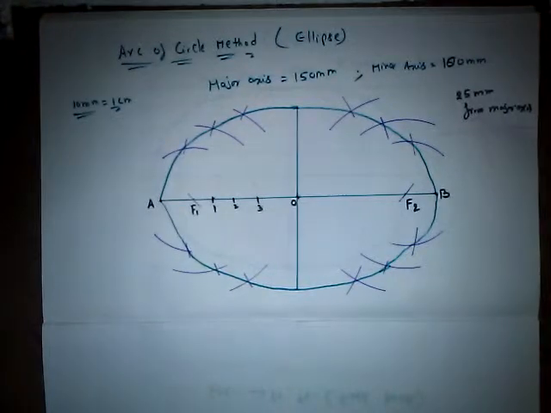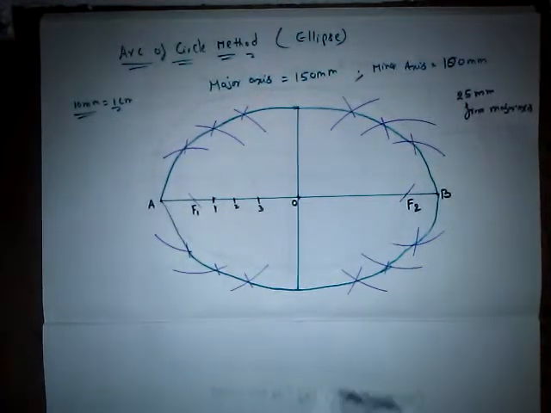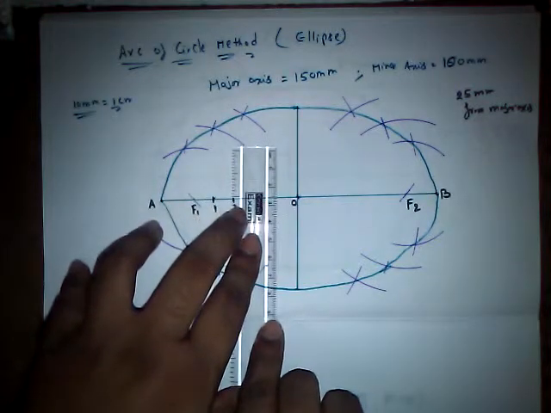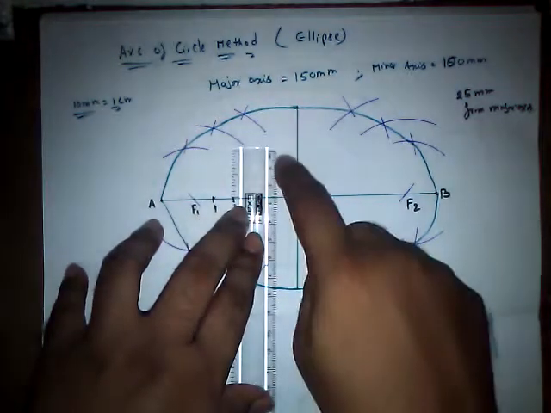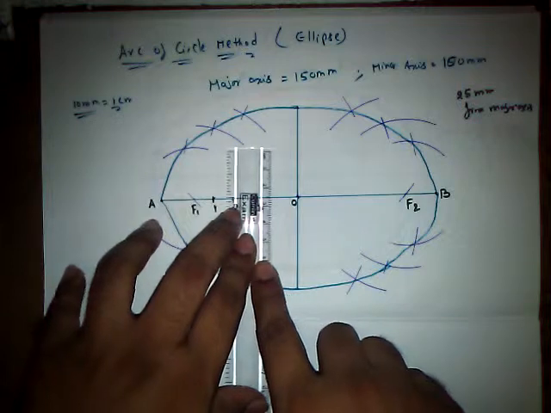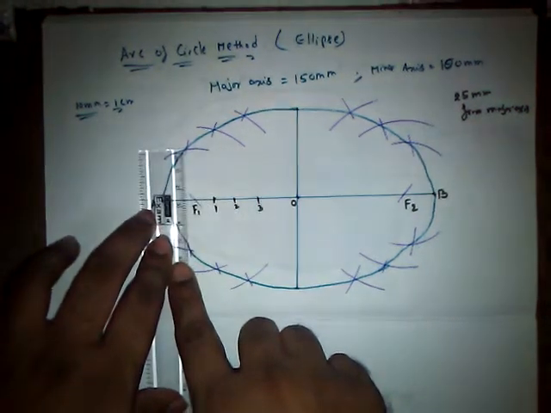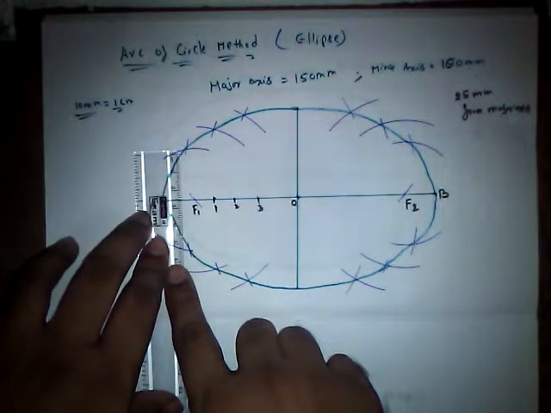From 25 mm from the major axis we need to keep a point on the curve, then we can draw the tangent. This is going to be 25 mm, so 2.5 centimeters. So I am going to move this scale or the drafter in this manner such that I can get the point P on the curve.